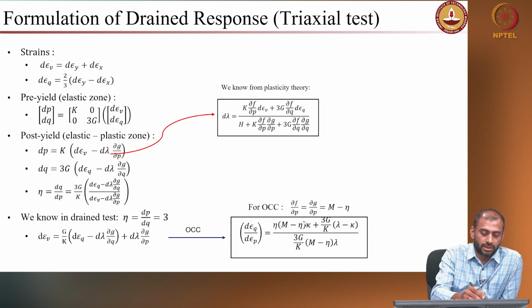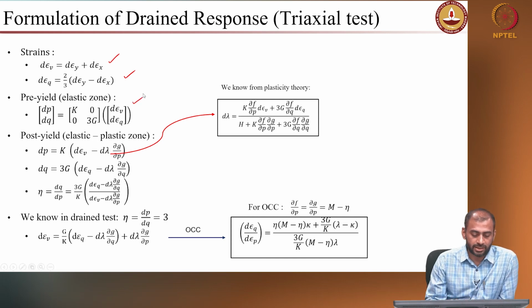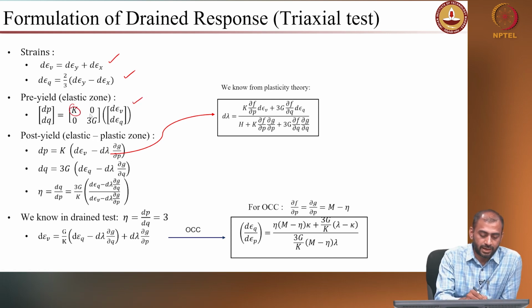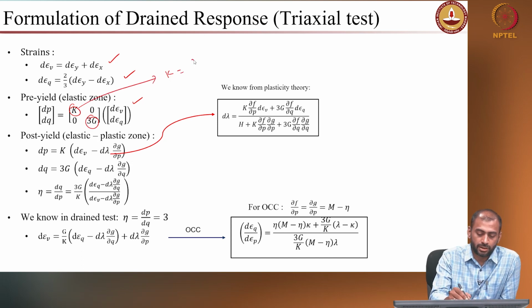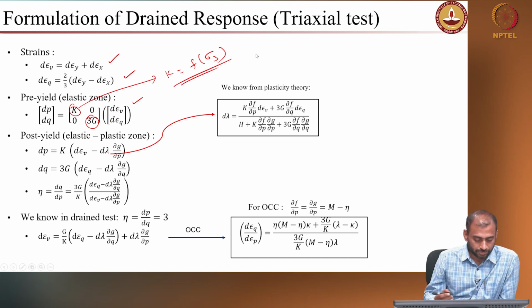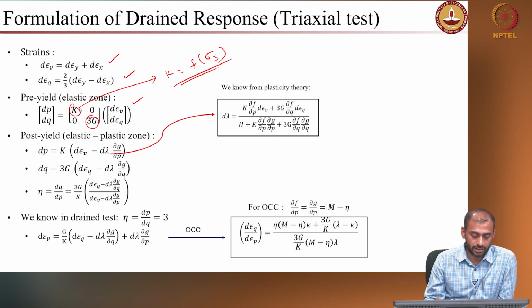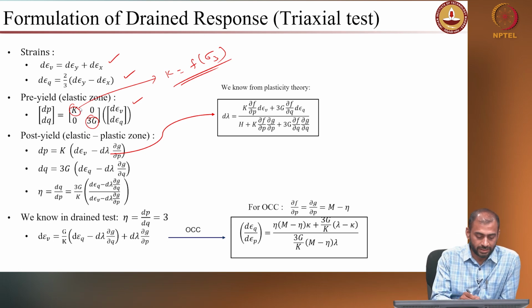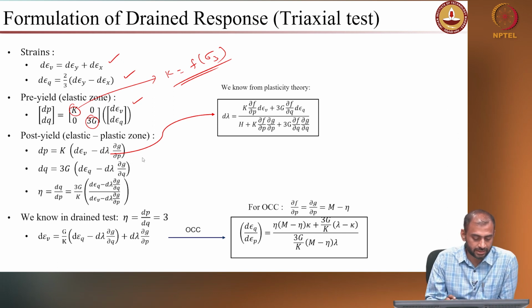For that, again, as I said, we know the volumetric strain, we know the deviatoric strain. Pre-yield, you have only the elastic stress strain relations. So, this K and G is just constant, but you can make it a function of sigma 3, right. We can use pressure dependent bulk modulus and shear modulus, and post yield you will follow the elastic plastic stress strain relations.